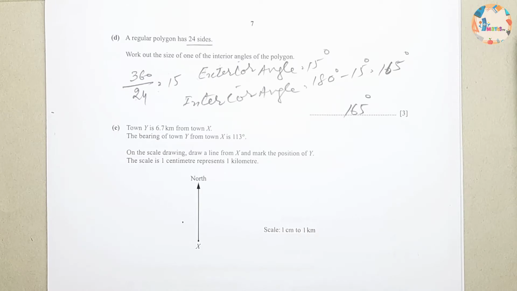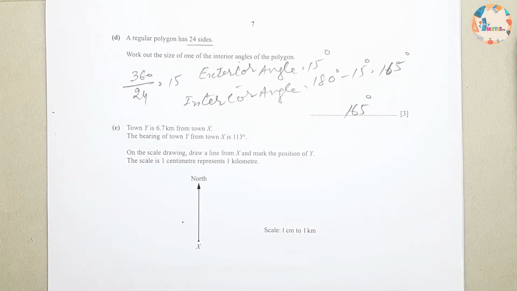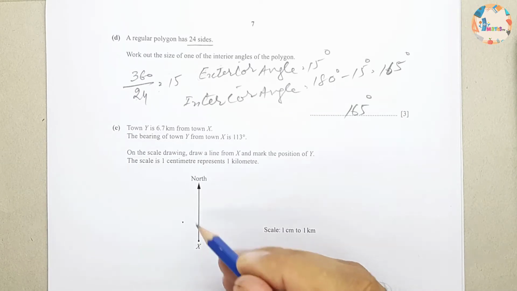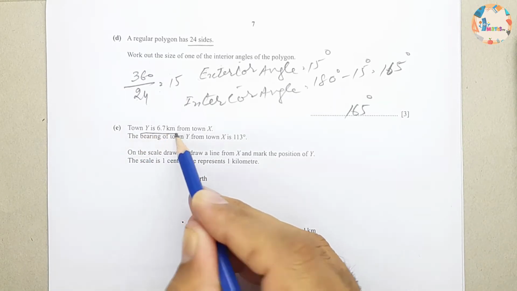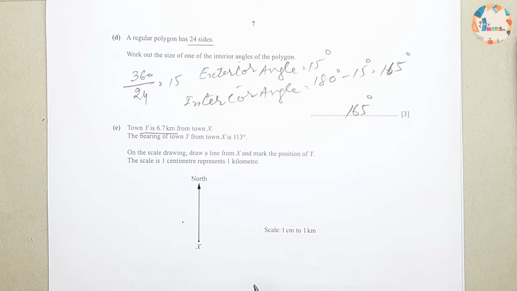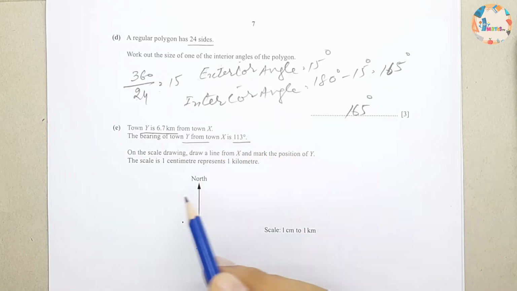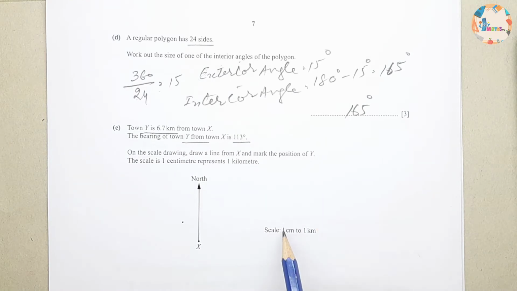C part, town Y is 6.7 kilometers from town X. This is town X. So town Y is 6.7 kilometers. The bearing of town Y from town X is 113. So we'll have to mark 113. Scale is given, 1 centimeter is equal to 1 kilometer.